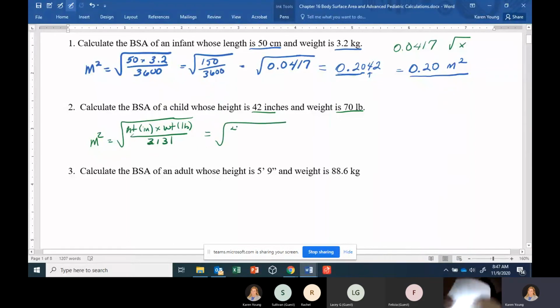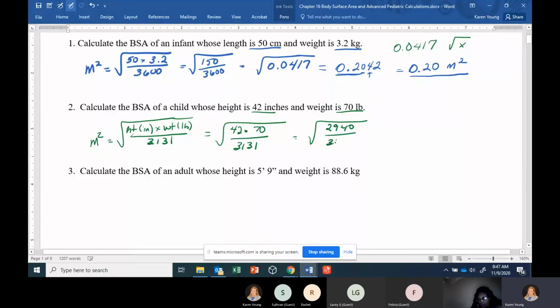So my height is 42 times my weight of 70, divided by 3131. So again, I'm going to work what's under the square root first. So I'm doing 42 times 70, and I get 2940.